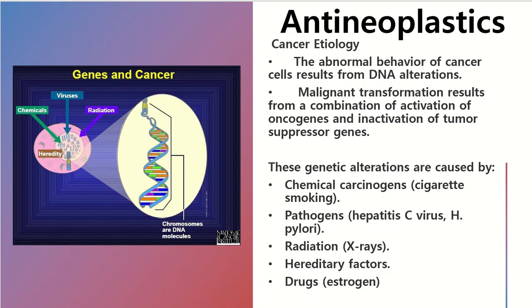All right, so speaking about cancer etiology, the abnormal behavior of cancer cells results from DNA alterations. So, malignant transformation results from a combination of activation of oncogenes and inactivation of tumor suppressor genes, right? So, we do have these tumor suppressor genes. So, these genetic alterations are caused by one, chemical carcinogens, such as cigarette smoking.